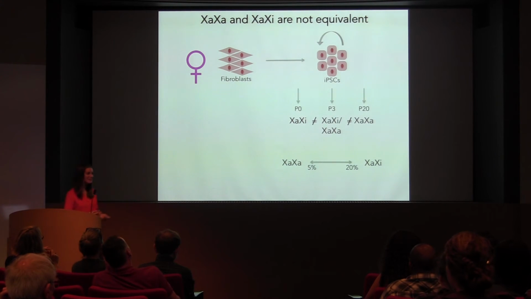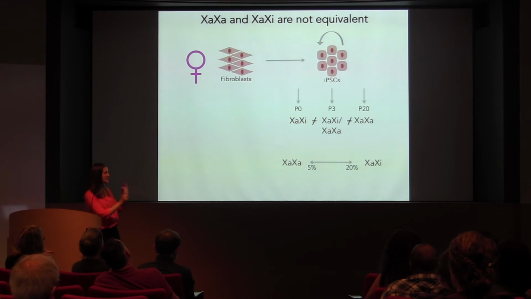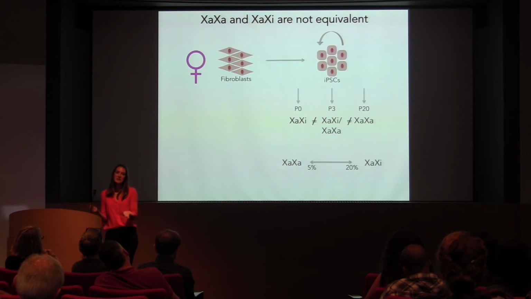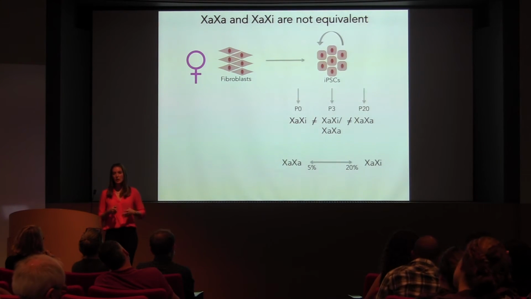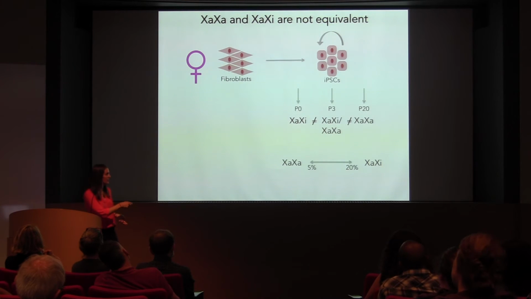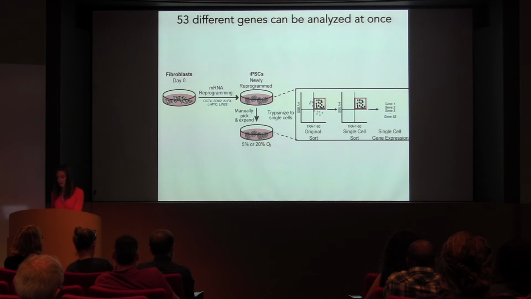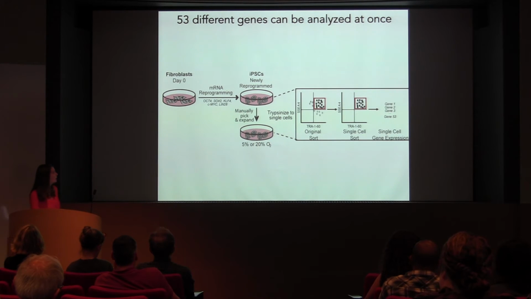But because we are able to see these differences in these cells, we really wanted to know more about what other differences there were. We looked at the X chromosome, we looked at these few genes. Are there other differences between these cells over time? So again, I'm going to bring up this exact same picture where we take fibroblasts and we're able to reprogram them.